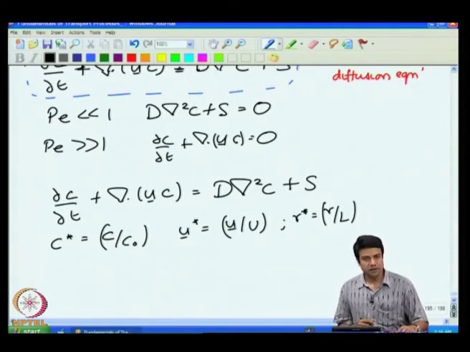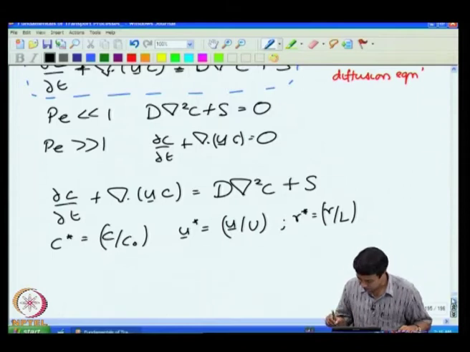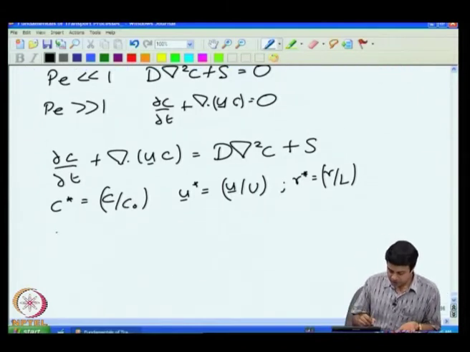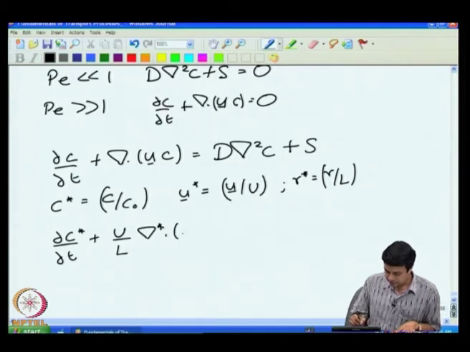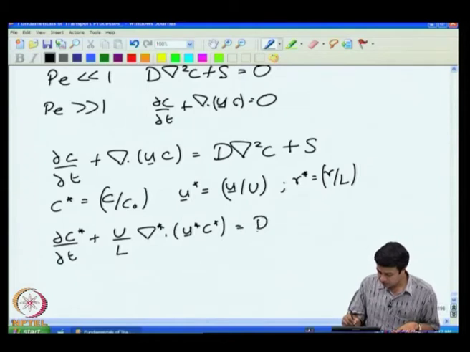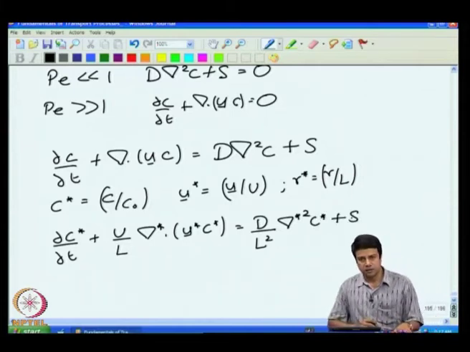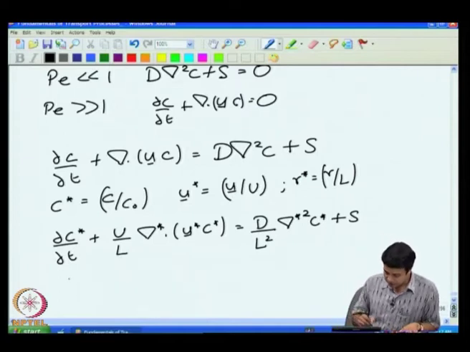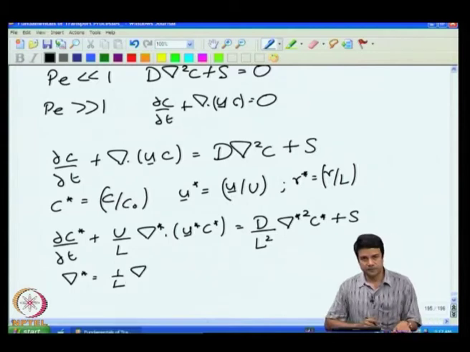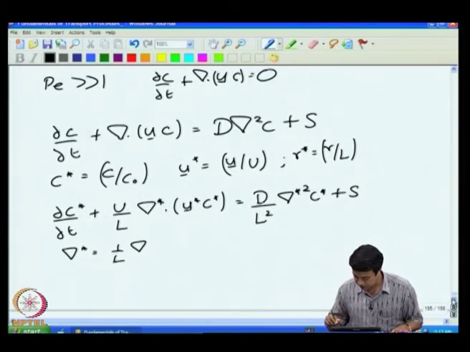And if I express the differential equation in terms of this, I would get partial C star by partial t plus U by L del star dot uC is equal to D by L squared del star squared C plus S, where the scaled gradient operator is equal to 1 over L times grad, where grad is the gradient operator.